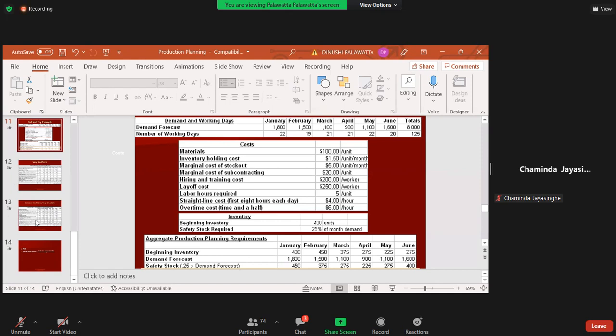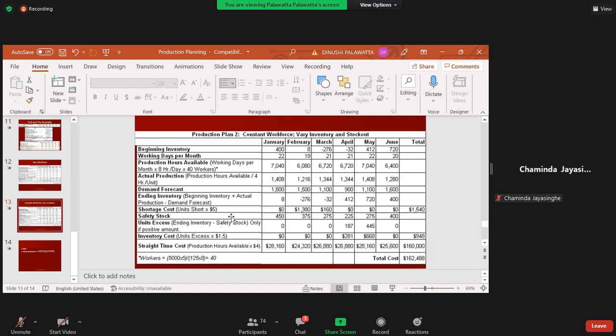In the example itself, the answer to that student's question is here. Units in excess come as the inventory, and this you have to multiply by the inventory holding cost.